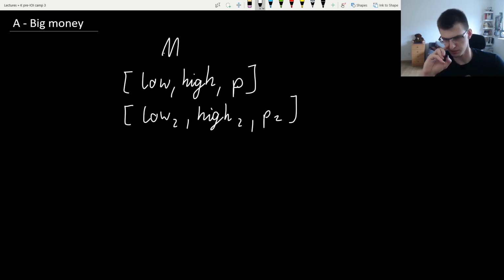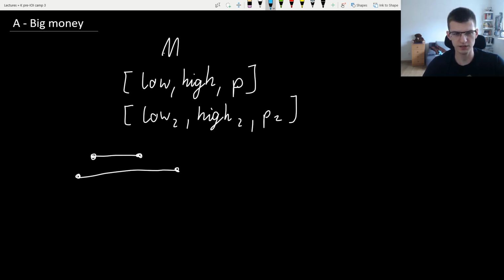In problems like this, and I think that's also true for a lot of geometry problems, we should see that only some extreme cases, extreme scenarios make sense. If low and high is some interval that we can spend, and low 2, high 2 is also some interval, then it doesn't make sense to spend some money here and some money here.